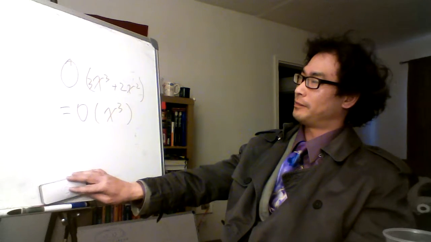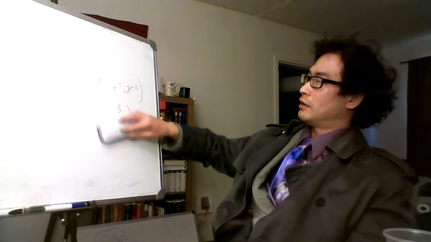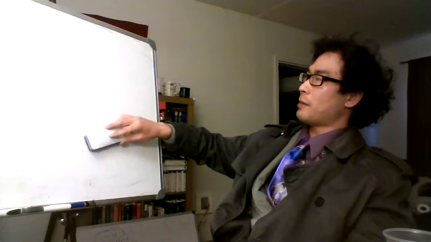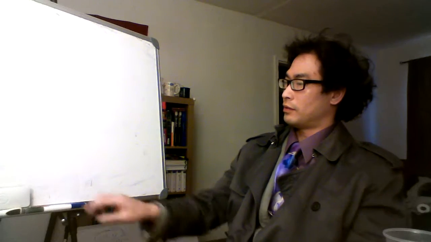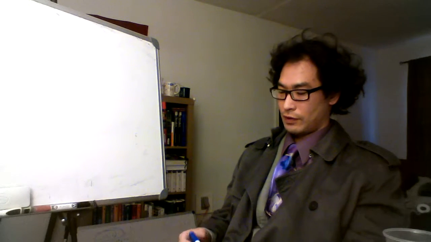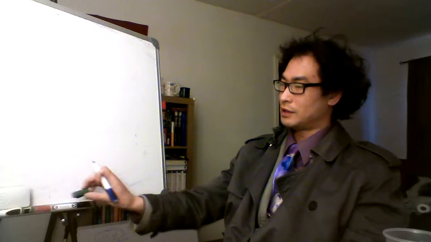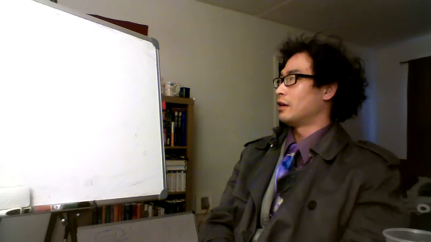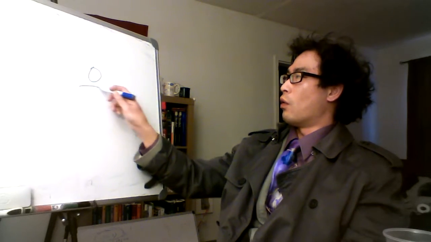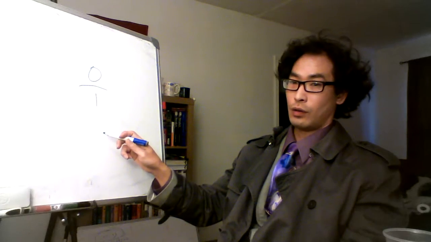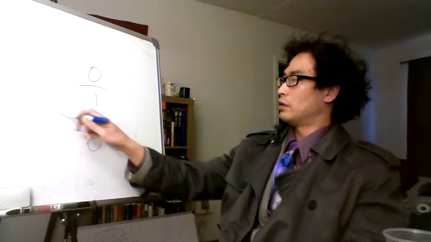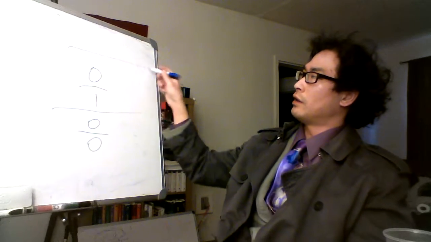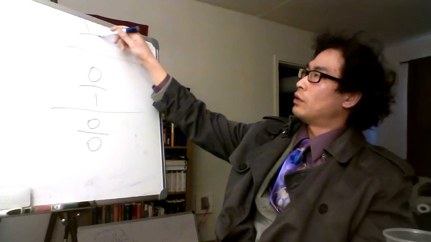Now let us step back and think about this infinity algebra. It's fascinating. So you have 0 over 1, and 0 over 0, and you have 1 over 0.